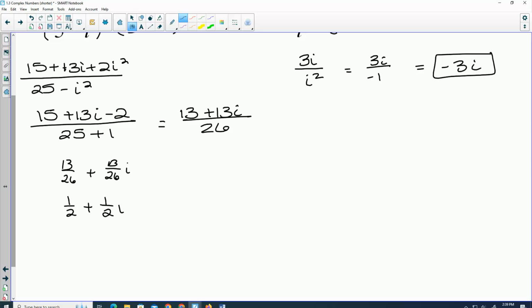So 1/2 plus 1/2 i, that's equivalent, but now it's broken apart, so it's in the actual standard form. Any questions there?